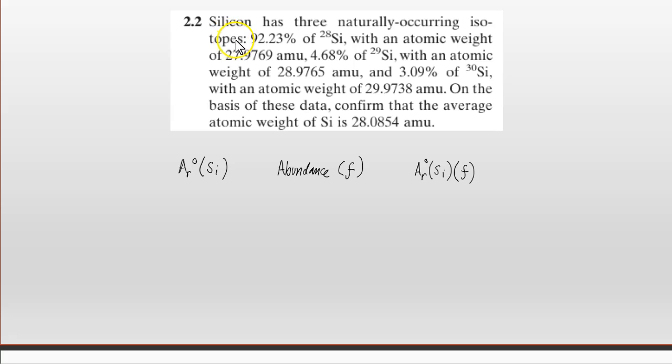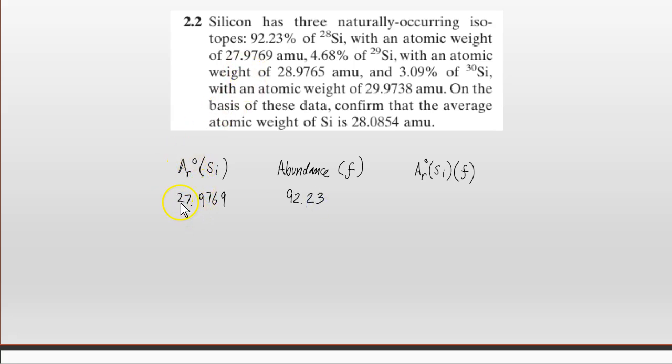So we have, in the first one, 27.9769, and that has an abundance of 92.23.